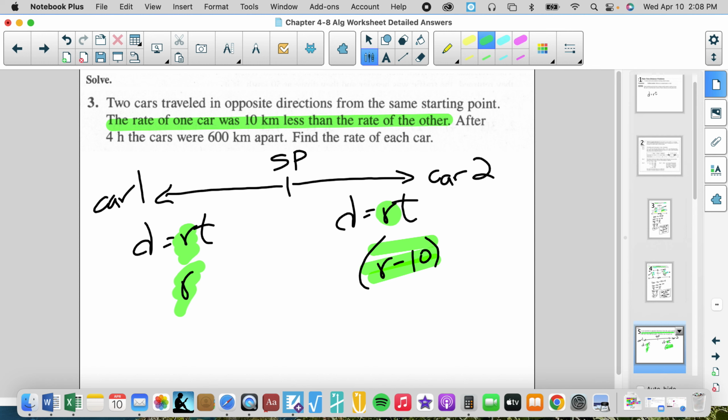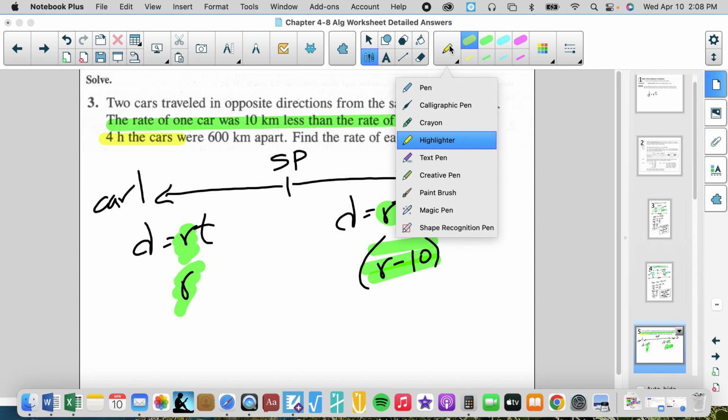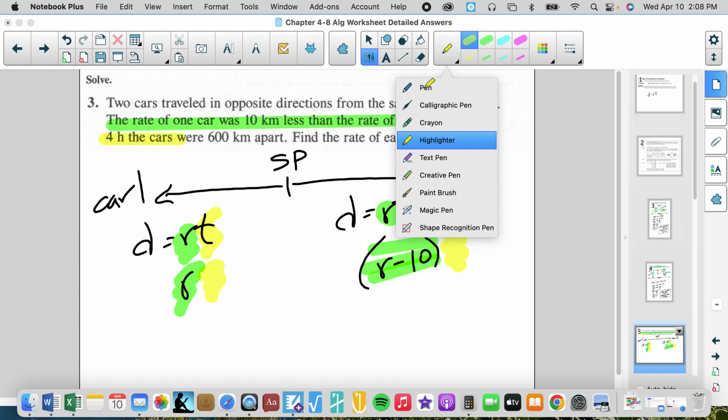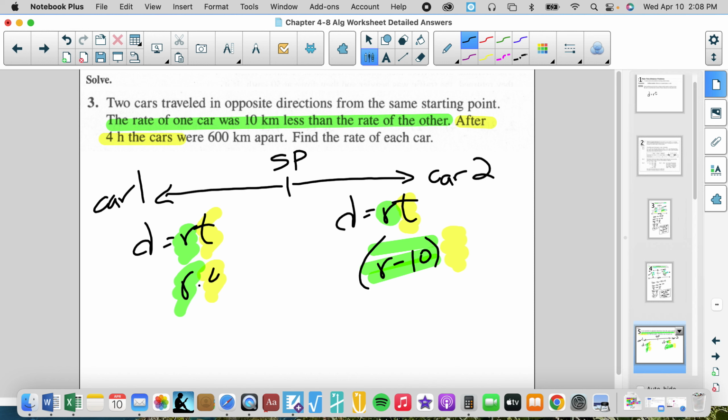And then after 4 hours, so similar thing, we know what our time is. Our time is going to be 4. We'll put 4 in there. So rate times 4, time times 4, which is our time. And then we know after that time, they're going to be 600 kilometers apart from each other.